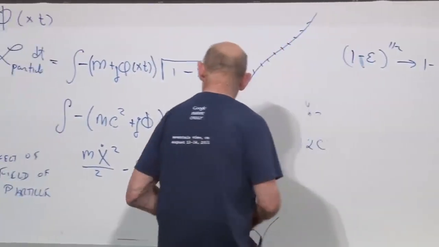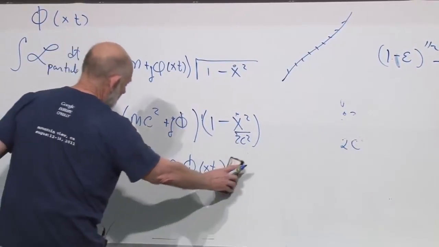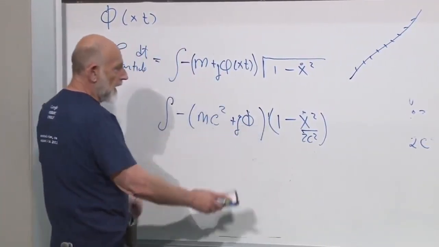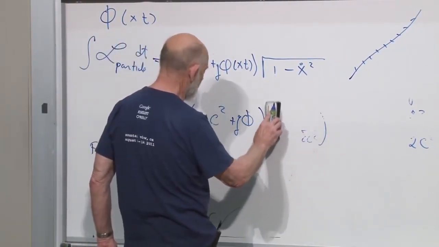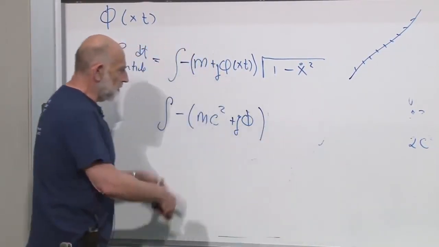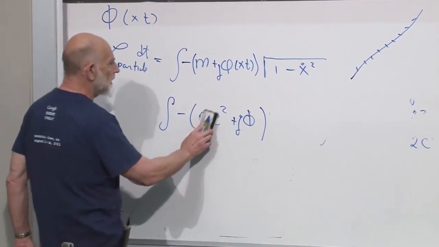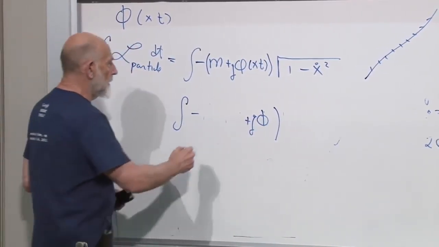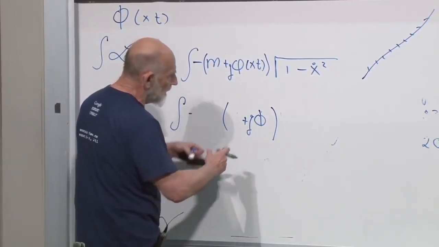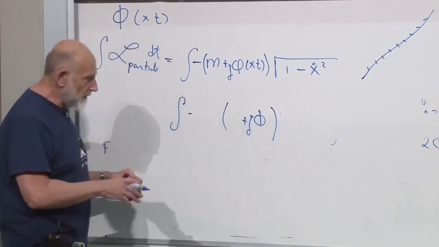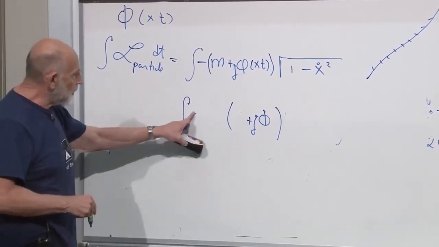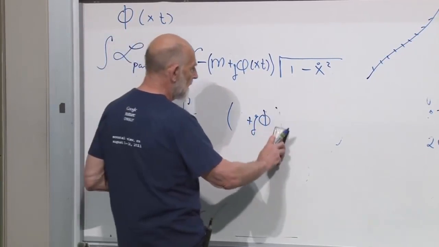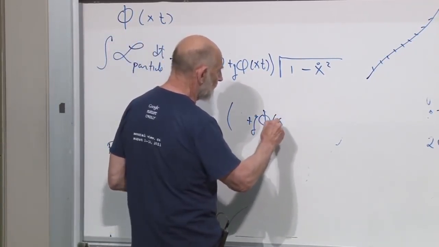Here it is right over here. X dot is 0. This is just 1. MC squared by itself is of no interest. And so the Lagrangian for the particle, or the contribution to the Lagrangian from this piece over here, is just the integral of phi of x and t, but an integral along where?